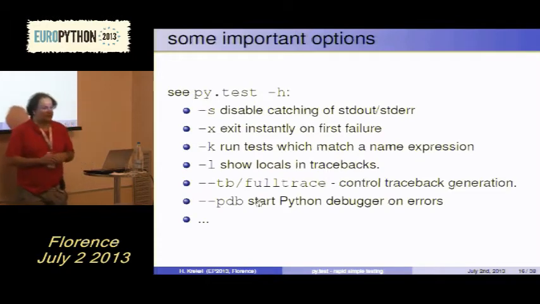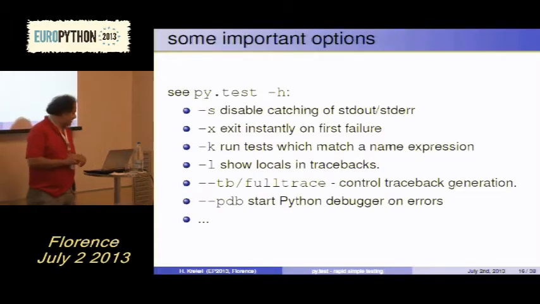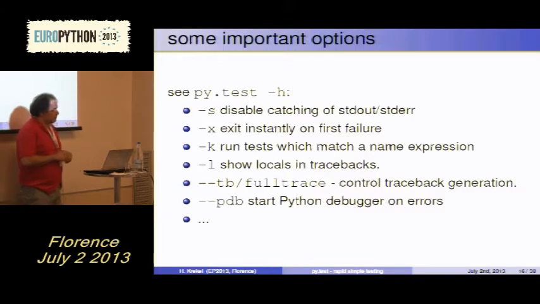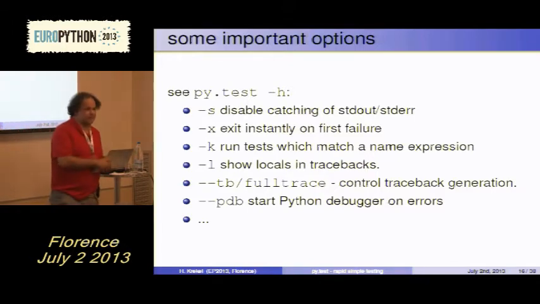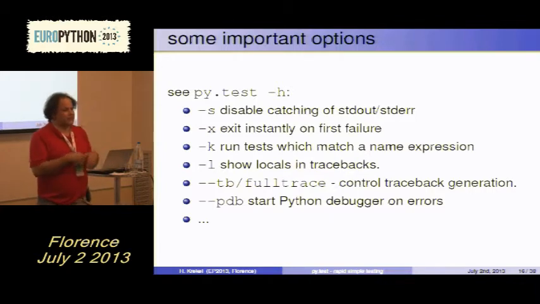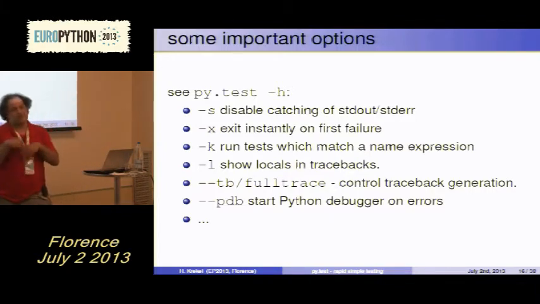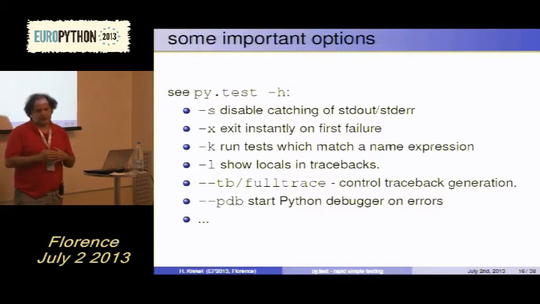Some options that you have in pytest, also in other test runners: if you run tests and you use print statements or have some logging or something like this, it's going to be captured by each test that is run. So if a test fails, you're only going to see the captured output during that test run. With -s, you can say, please don't do that.